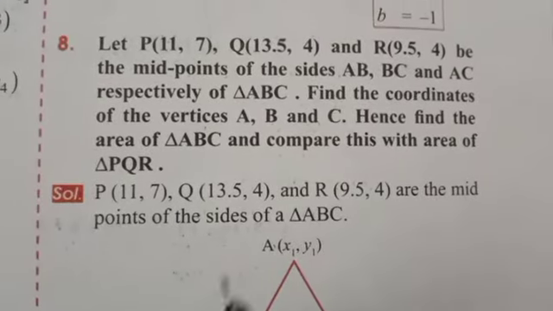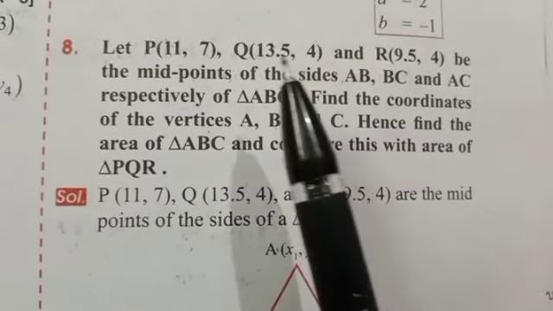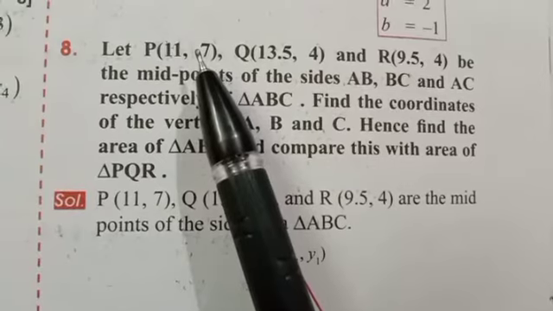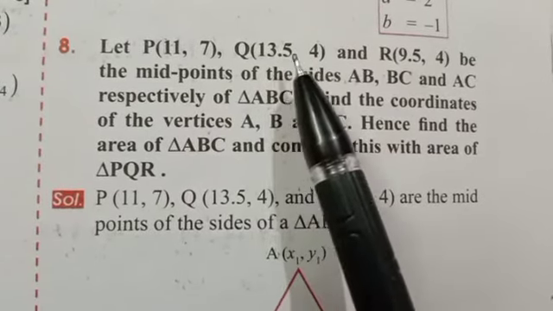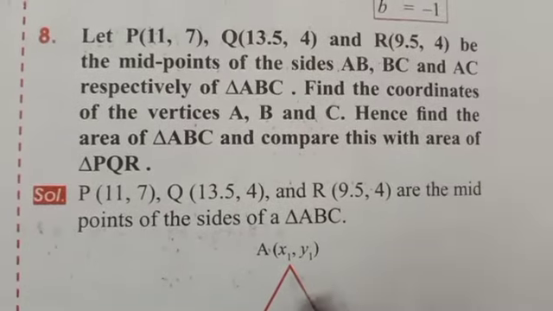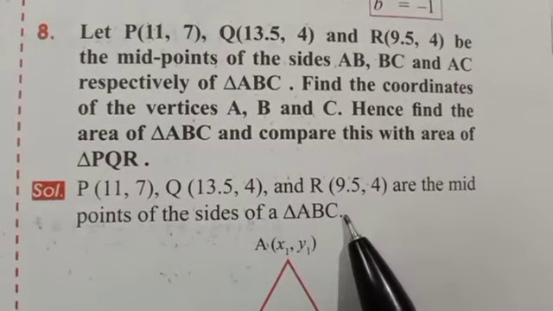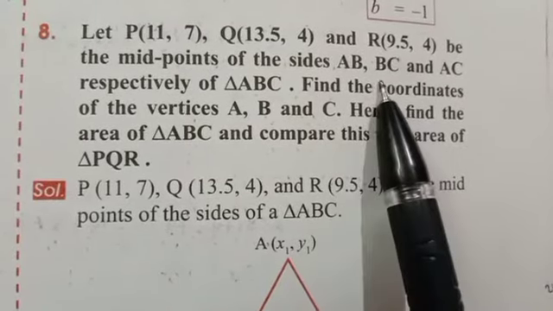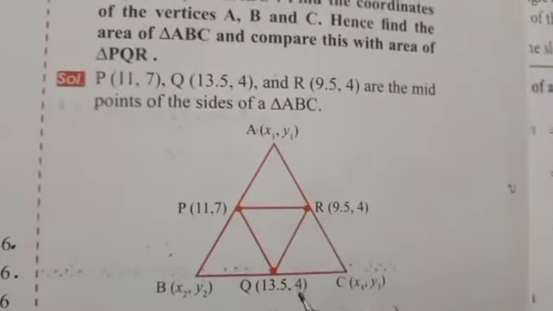Listen students, first you have to write what is given in the question. The midpoints are P(11, 7), Q(13, 4), R(9.5, 4) of triangle ABC. For this given data, you have to draw the triangle.